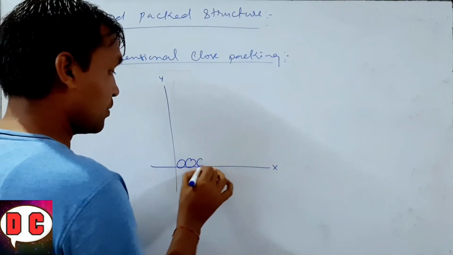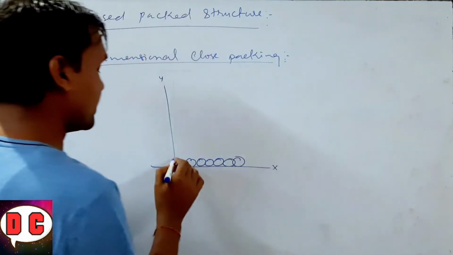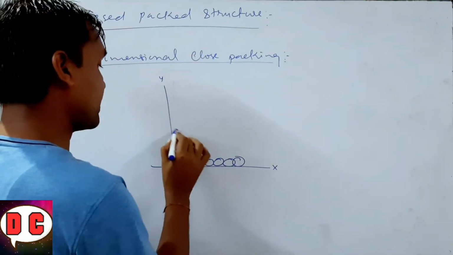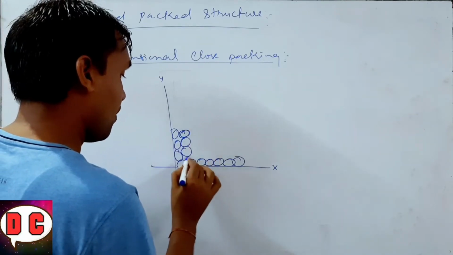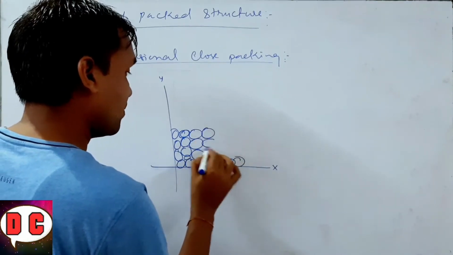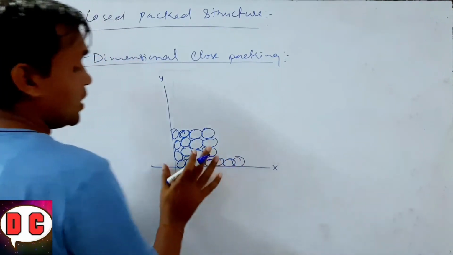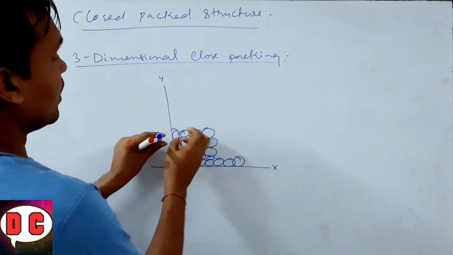Okay, 1, 2, 3, 4, 5, 6. This is along one axis. This is along the y-axis. So this is along x and y, plus one over this.